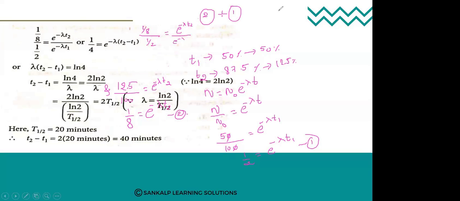So therefore this will become 2 ones are 2, 2 fours are 8. Therefore 1 by 4 is equal to e to the power minus lambda into bracket t2 minus t1.